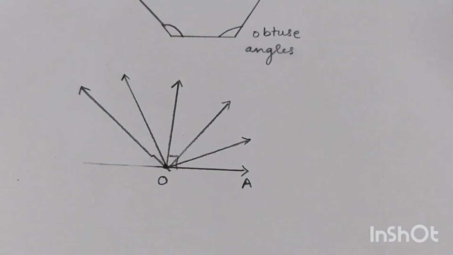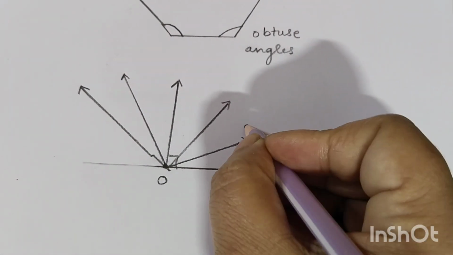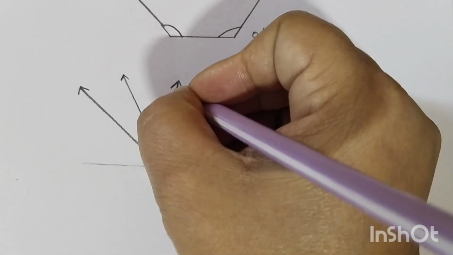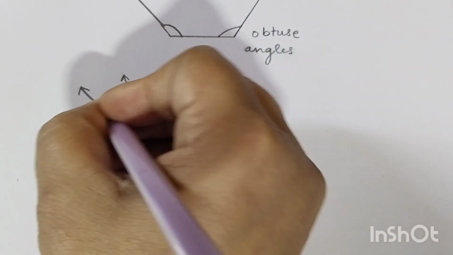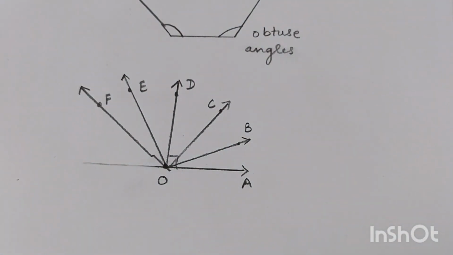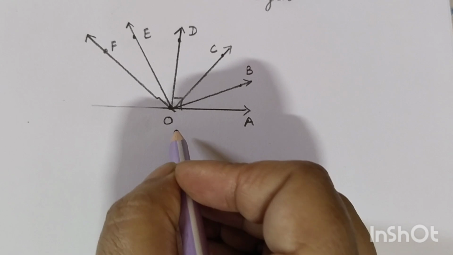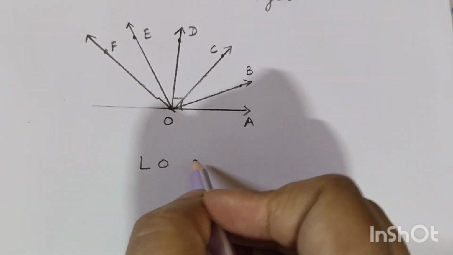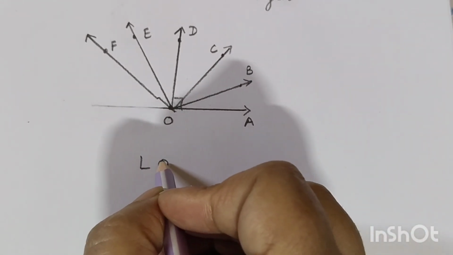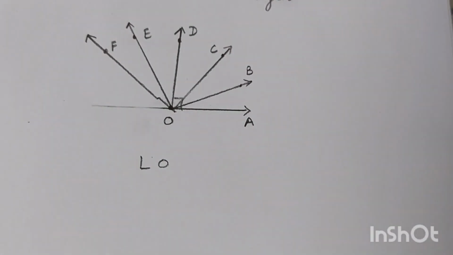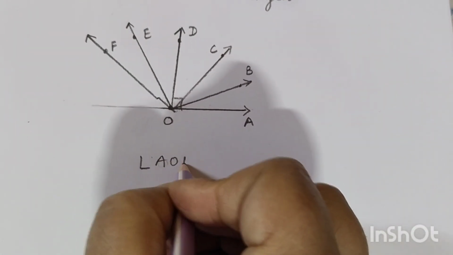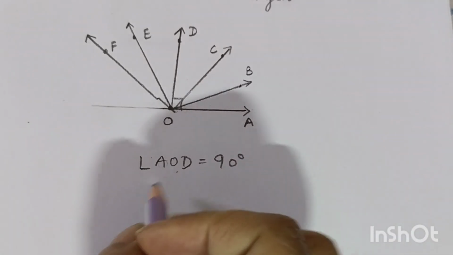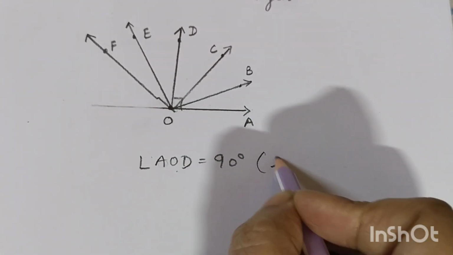Now name them. O, A, B, this is C, this is D, E, F. Now write like this. Angle AOD is of 90 degree. 1 right angle.